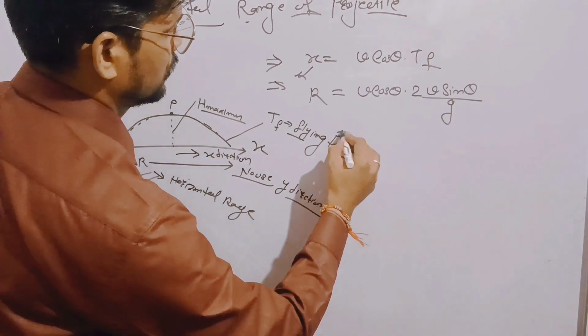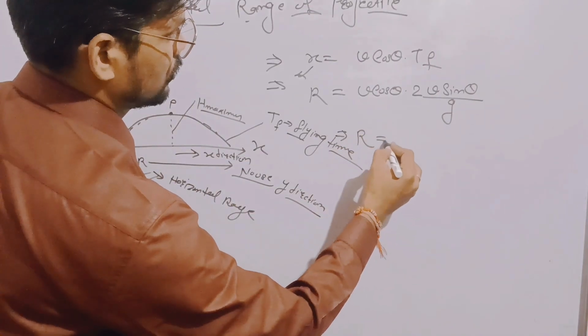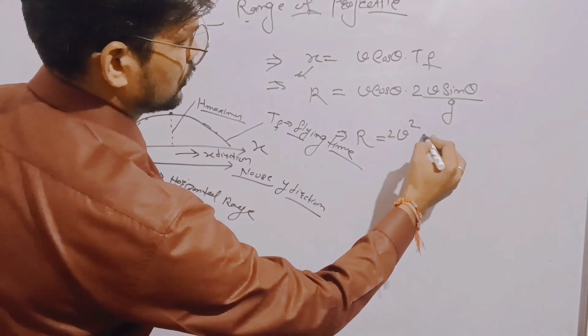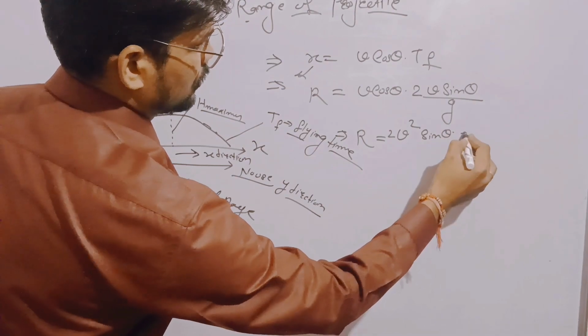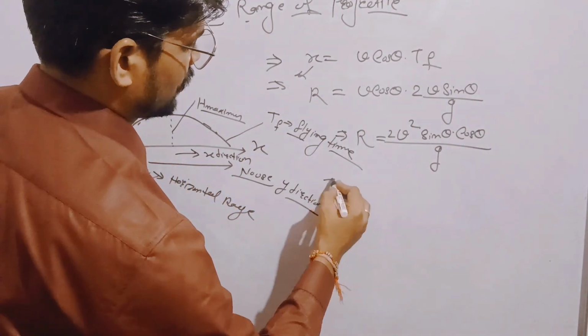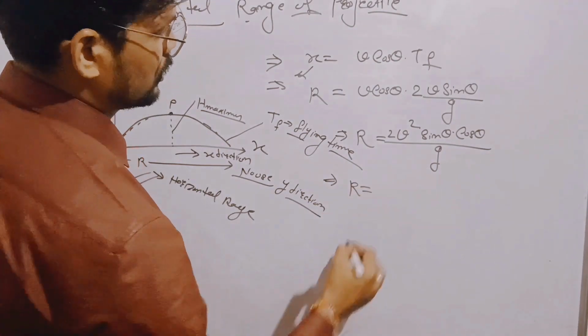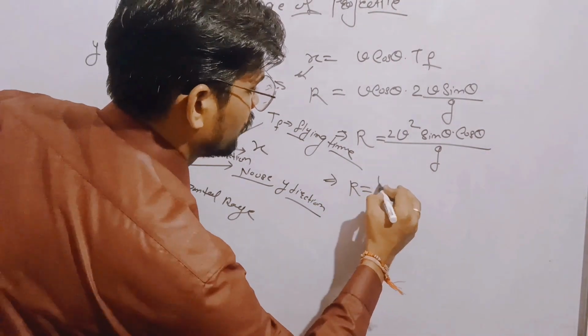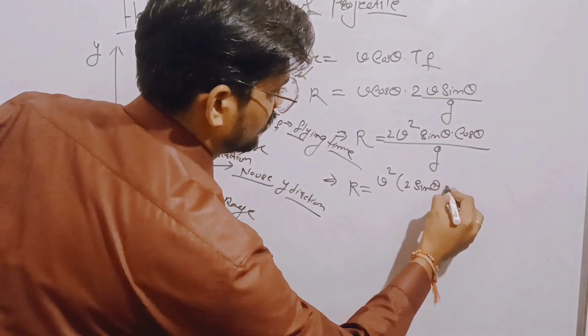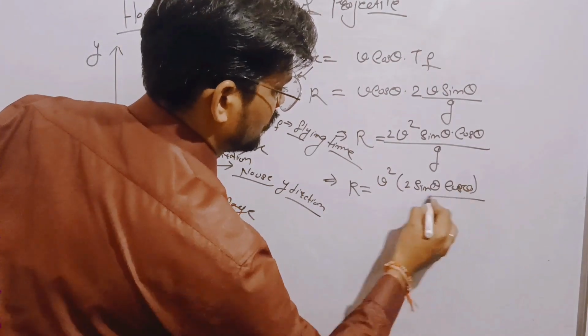So R is equal to 2v square sin theta cos theta upon g, which is v square into 2 sin theta cos theta upon g.